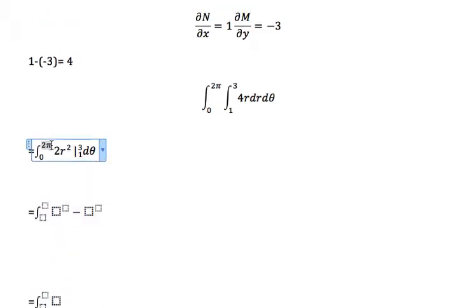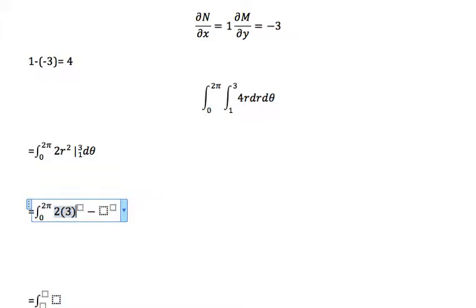From 0 to 2 pi of 2 times 3 squared minus 1 squared d theta.